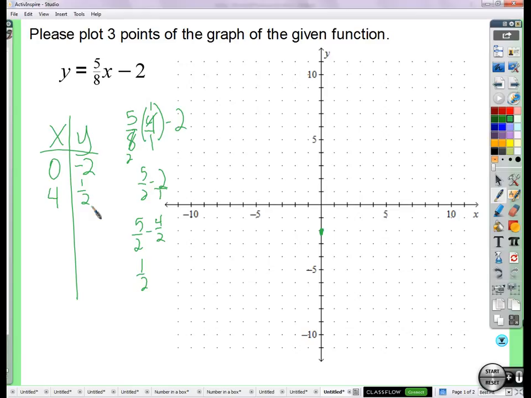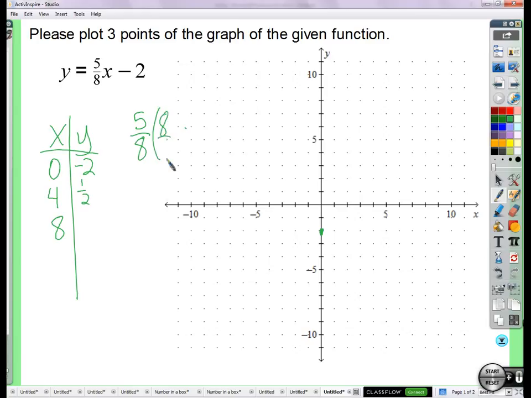1, 5. Other suggestions? 8. Why 8? Because the denominator is 8? Yeah. Let's see if that actually pans out.